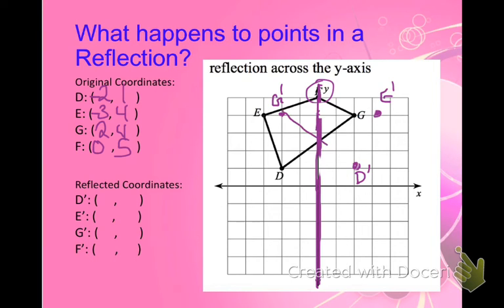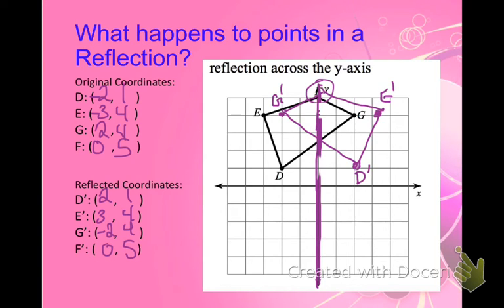If I draw it, I have the same shape, but it's just flipped. It is the reverse of the shape. So D prime is now at 2, 1. E is now at 3, 4. G is negative 2, 4. And F is 0, 5 because that did not change.